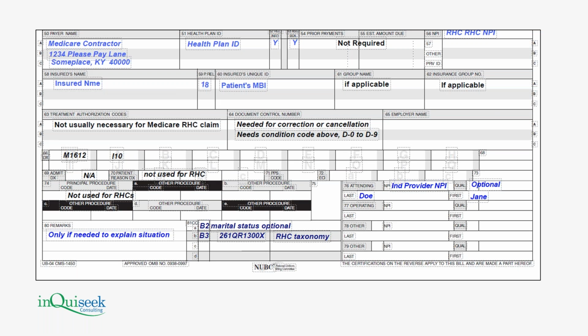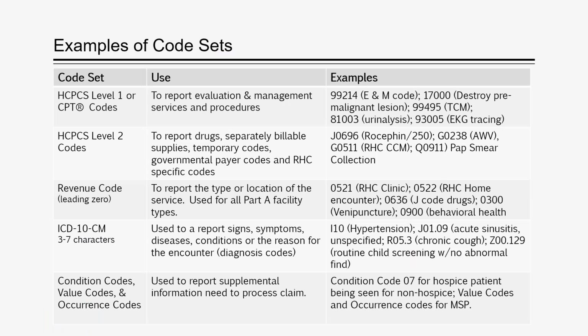So again, if you're getting a system configured for RHC billing and you have questions about how that configuration needs to be set up, we certainly would share those documents with you. Okay. And we all know that we have different types of code sets.